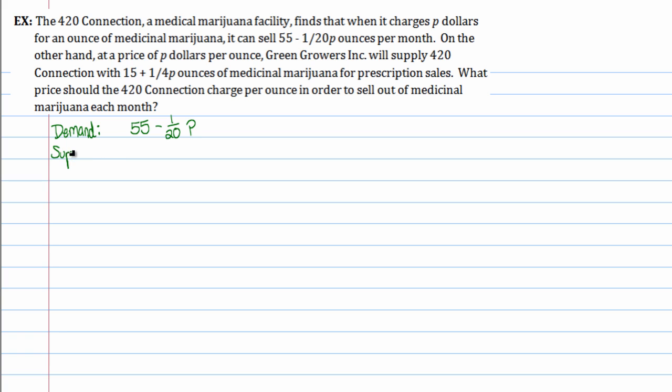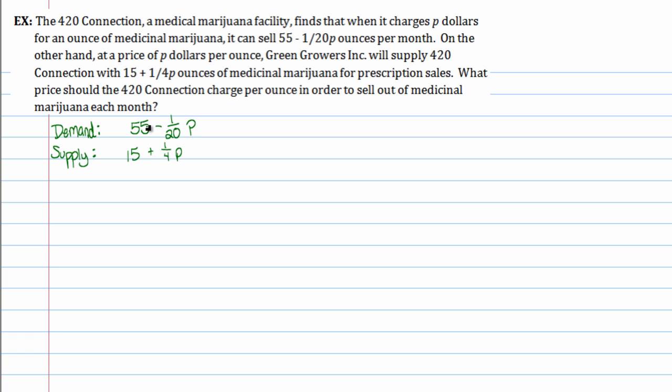So the supply they're going to give to the shop is 15 plus 1/4 times P. So you have a demand by the public and the amount that would be supplied.